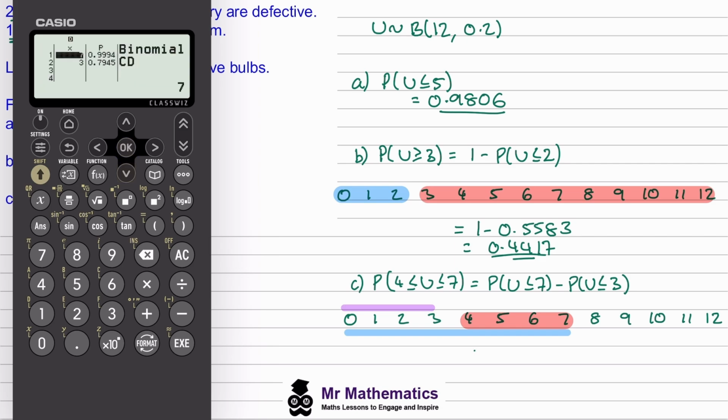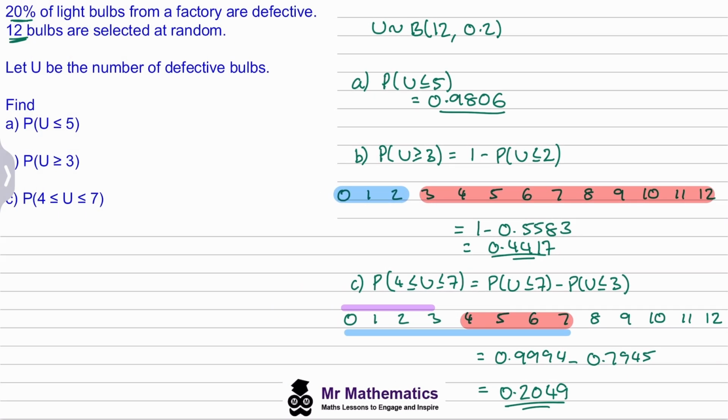So then we get the probability of U being less than or equal to 7 minus the probability of it being less than or equal to 3. We can work this out and we get 0.2049. Okay? Let's try another question.